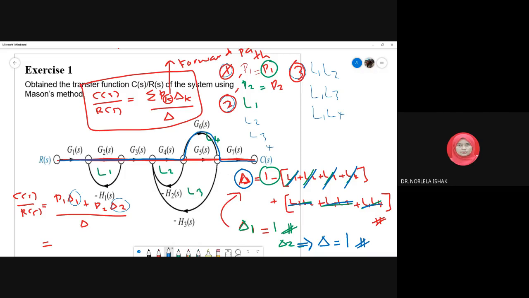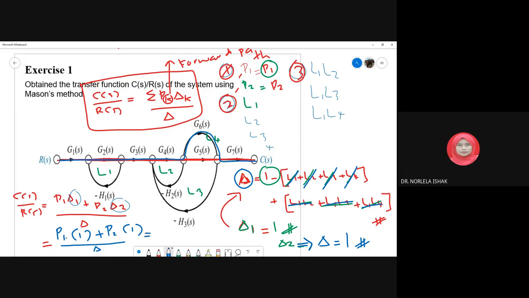Any question? No. So far so good. Okay, so substitute into this equation: P1 multiply with 1 plus P2 multiply with 1 over the determinant.